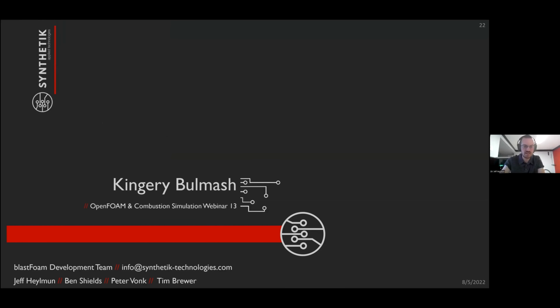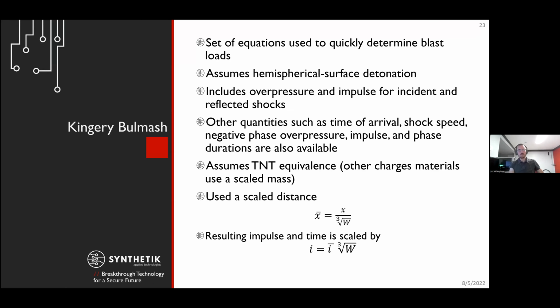Okay, so now to some validation. So the Kingery-Bulmash, so these are basically simplified. It's a set of equations that are pretty standard for the industry being protective design. And these are really used to quickly determine blast loads on buildings and structures given a distance.